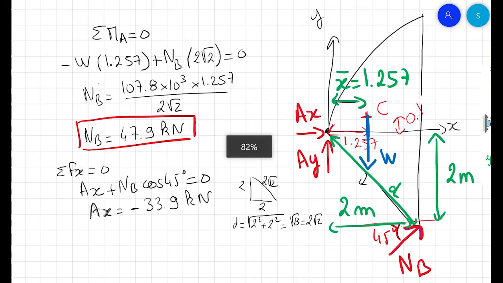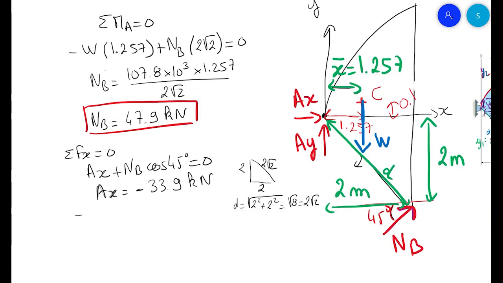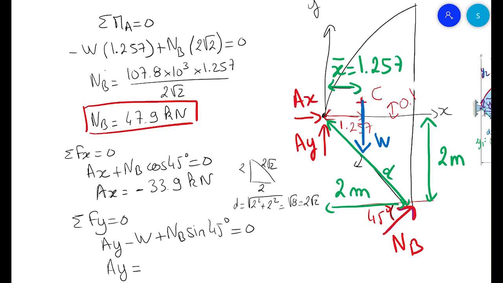And one last step. We will do the sum of the forces on Y equal to 0. So on Y we have AY minus W plus NB sine 45 equals 0. So we have AY equal to 107.8 minus NB, so 47.9 sine 45 degrees.